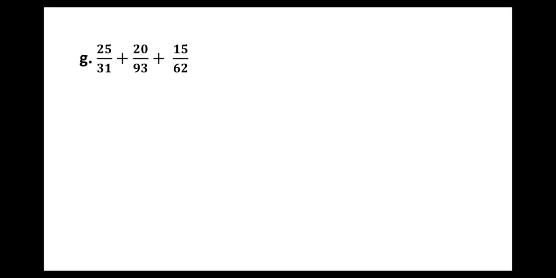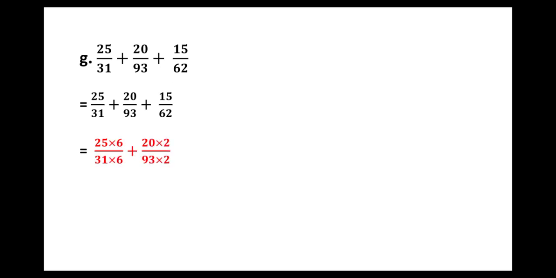25 upon 31 plus 20 upon 93 plus 15 upon 62. Now you can check that the denominators are 31, 93 and 62. So this is an unlike fraction. So first of all, we need to take the LCM of 31, 93 and 62.